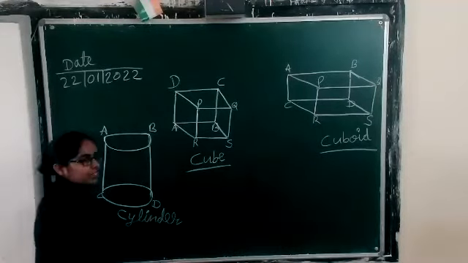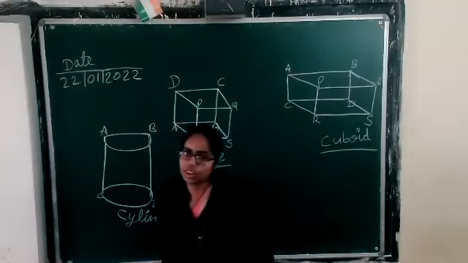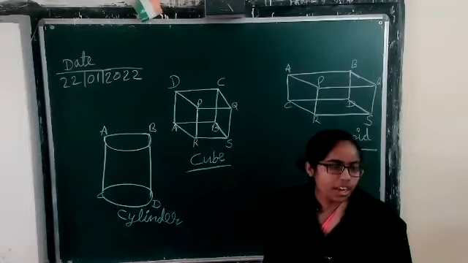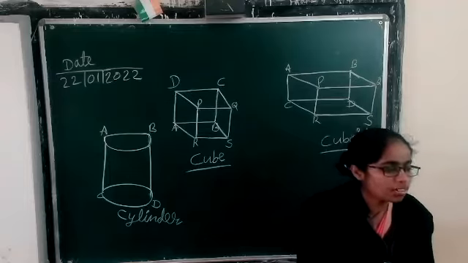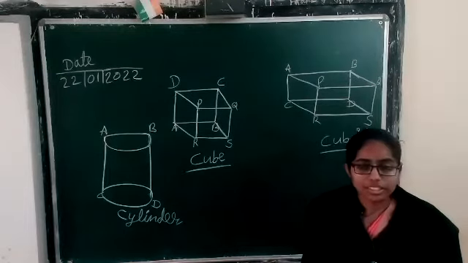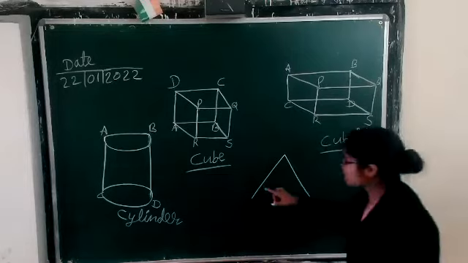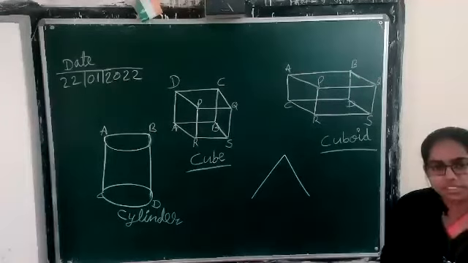Okay, good. Drawn. Now we will learn how to draw a cone. For a cone, what do you need to draw? You need to draw a triangle shape like this, not 3 lines but only 2 lines.